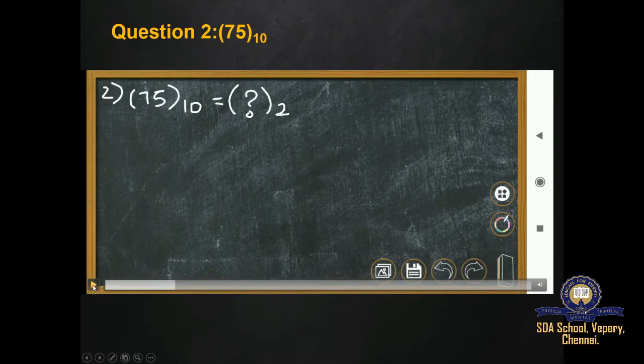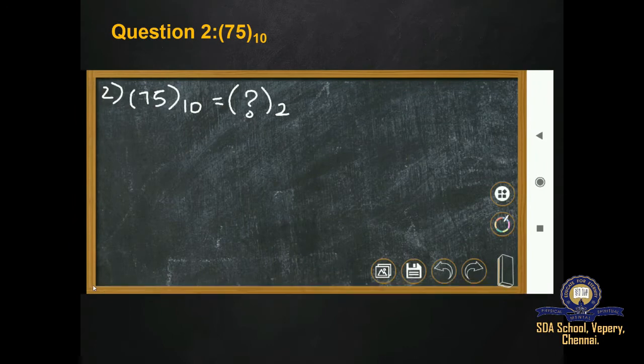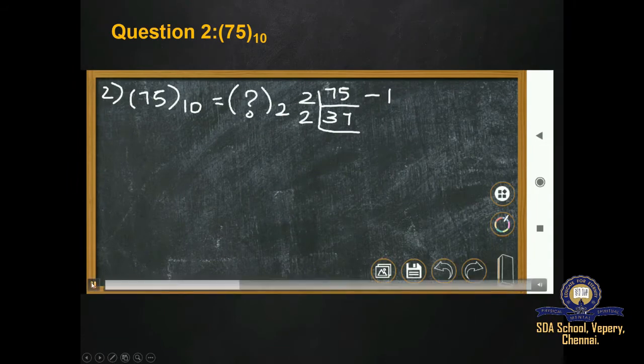Now we are going to divide 75 by 2. How many times do you get 75? It is 37. 2 into 37 we get 74. Our remainder will be 1.